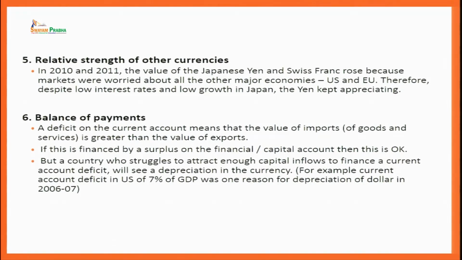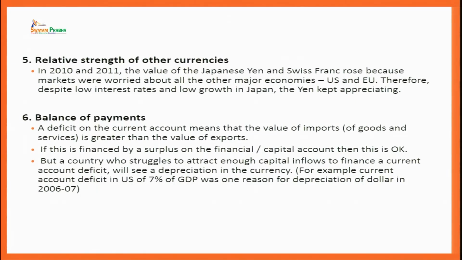Balance of payment: if a particular country has a negative balance of payment, it indicates the economic situation is not stable, it's fluctuating, and this is going to be a point of concern for foreign investors to invest in a country where the economic situation is not sound.